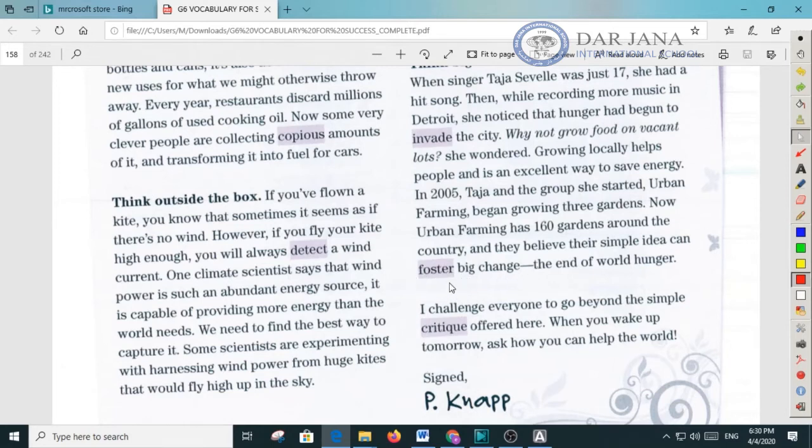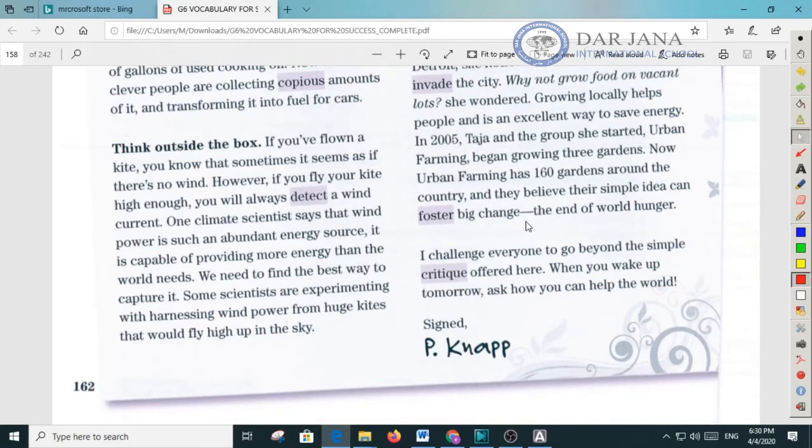Foster. What's the meaning of foster? Now, based on this, we can say foster has a good terminology because they are doing something that's good, which is to create more gardens, plant more plants, give more greenery in the city. So it's foster, we could say, to encourage, to push, to support. Foster big changes, to encourage. The end of the world hunger.